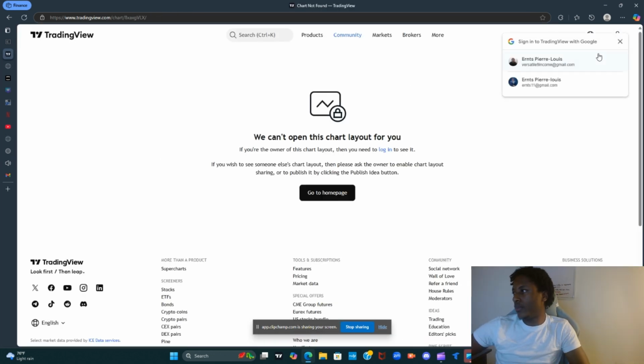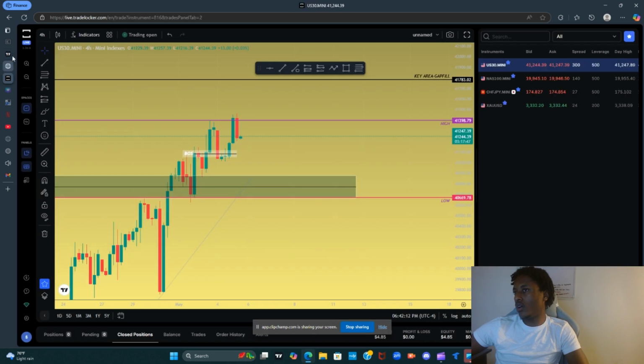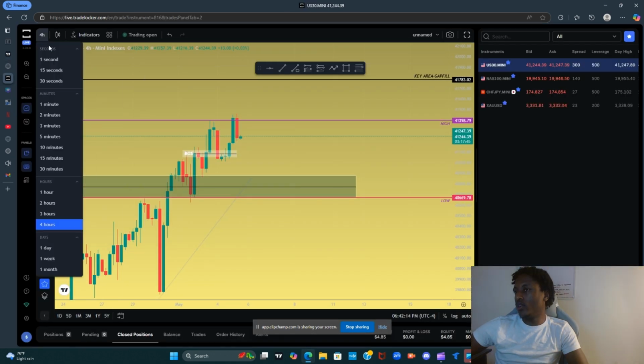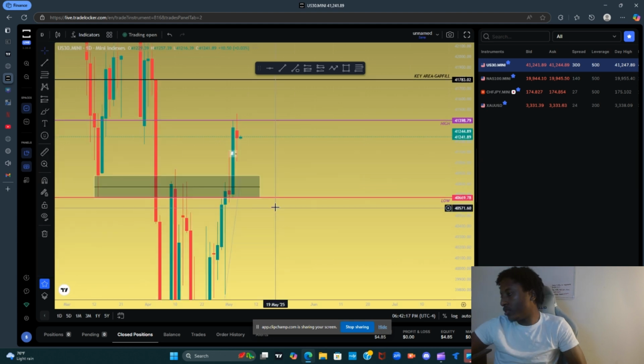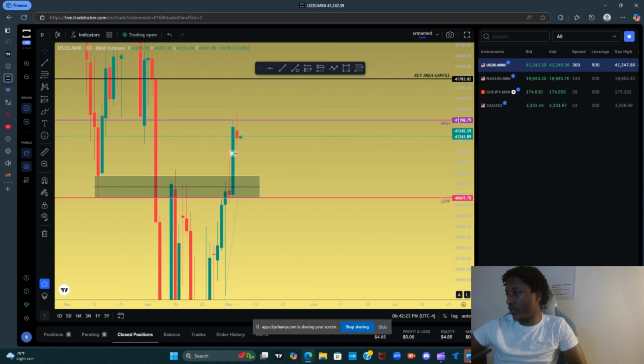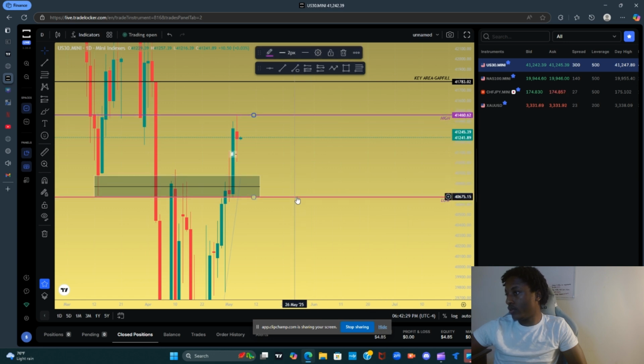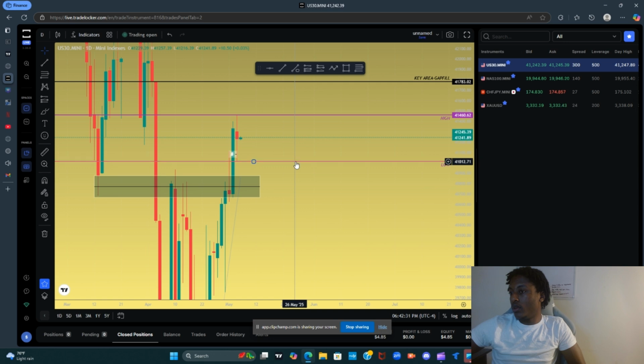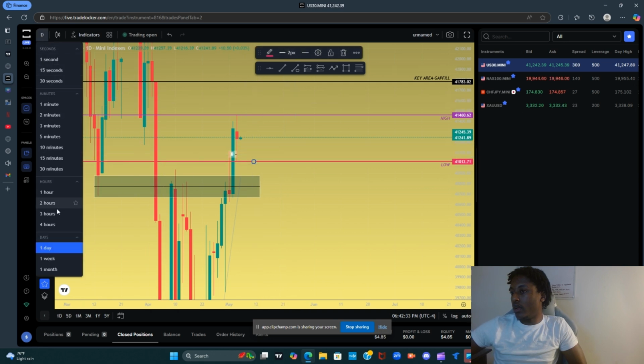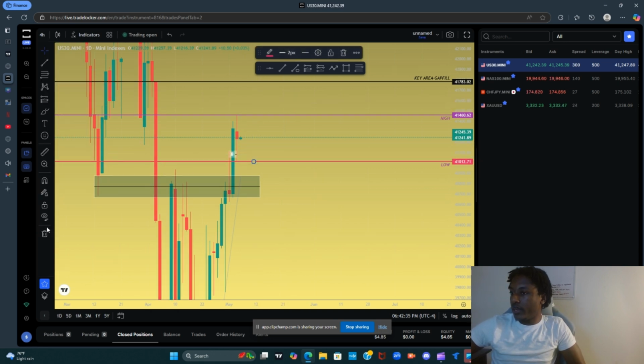I'm gonna see if I can get this on my TradingView. Oh, I can't, so I'm gonna do it off of here. So the first thing that we do, we're gonna make this simple, is we took the trade off of this. So the high of this candle is right here. The low of this candle is right here. Now we're just looking.